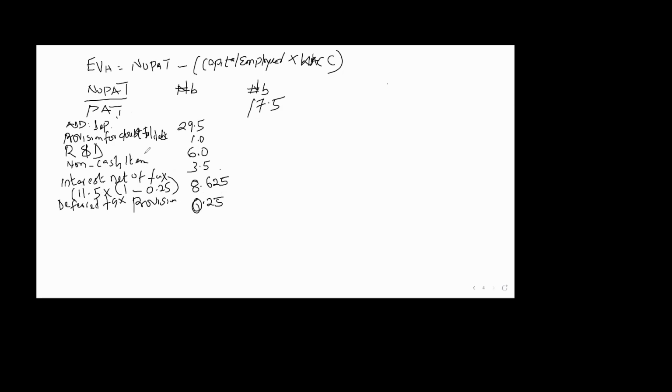Then you move to items to be deducted. You can sum up this. Less economic depreciation. Everything is 48.875. I will come here.